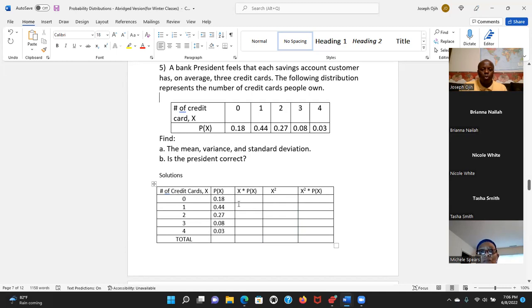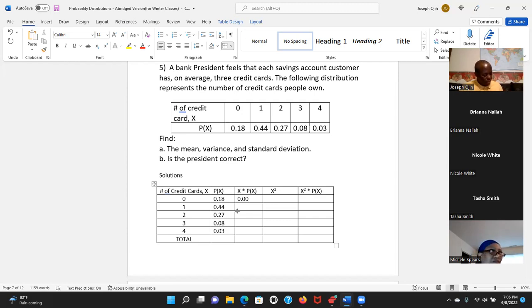So 0 times 0.18 gives us 0. Every number multiplied by 0 gives us 0. I think I have a copy of this table in my book, just to make it faster.